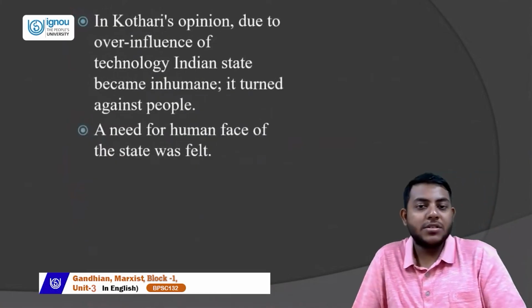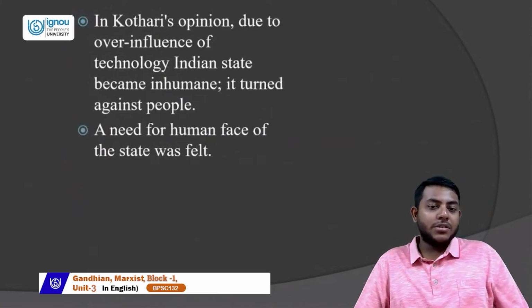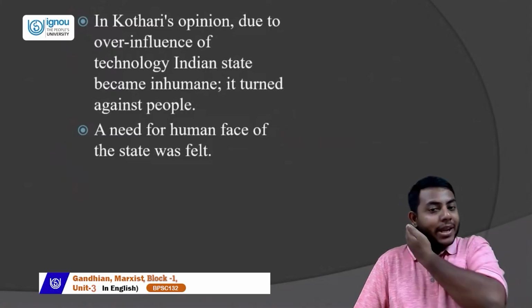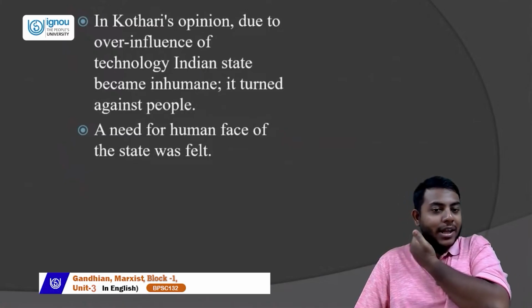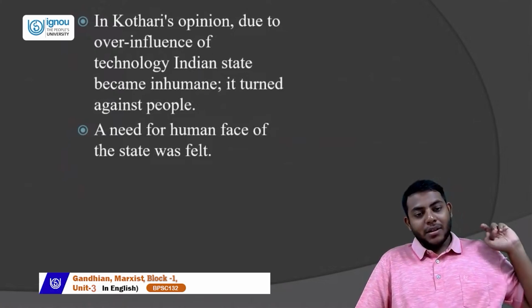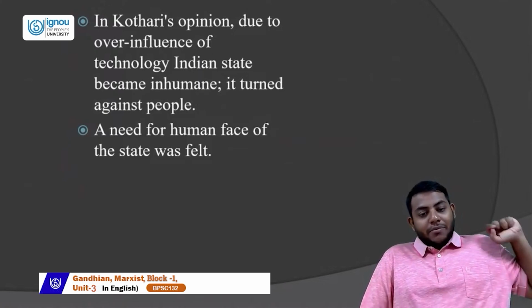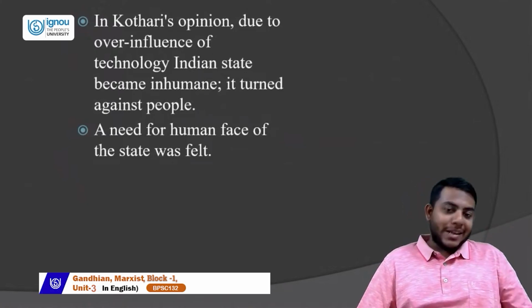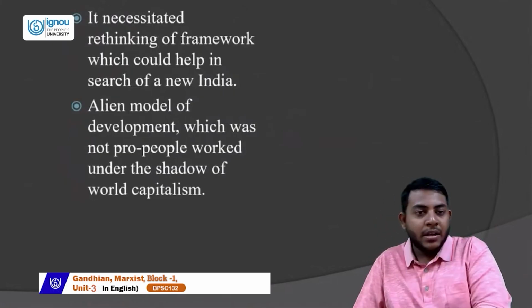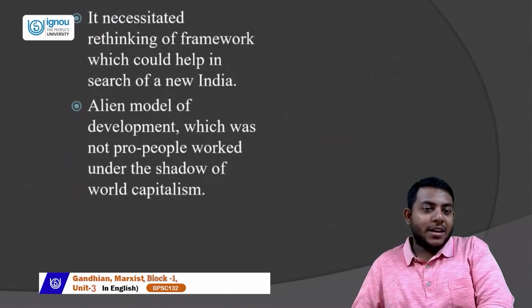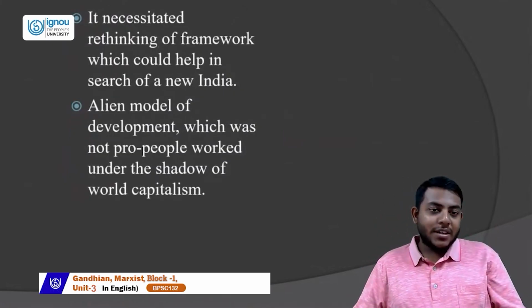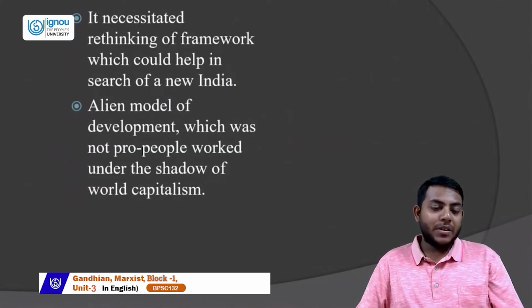So, in Rajni Kothari's opinion, due to over influence of technology, the Indian state became inhumane. It turned against its own people. So a need for a human face of the state was felt, according to Rajni Kothari, and it necessitated rethinking of the framework which could help in search of a new India.